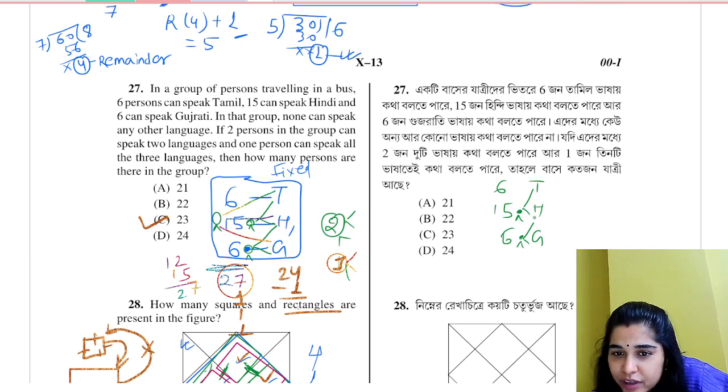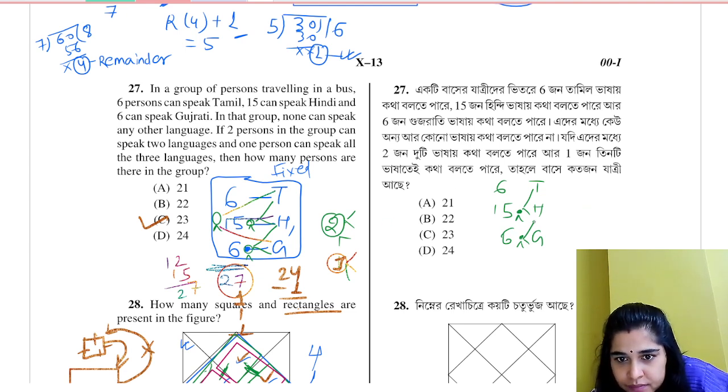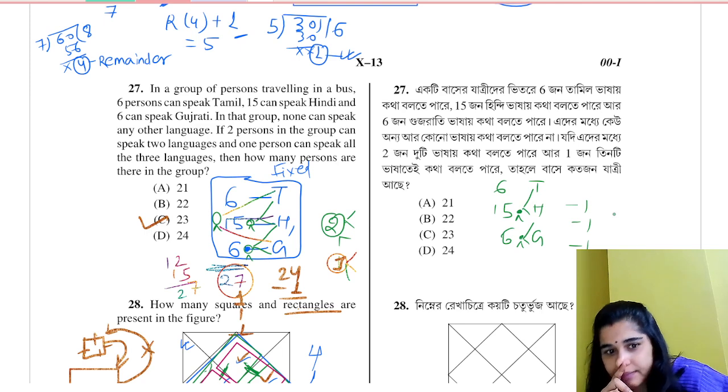So here, two people are saying two languages. So we will minus one person and one person. And what about the one person who speaks all three languages? So this is also minus. But they are considering two languages.